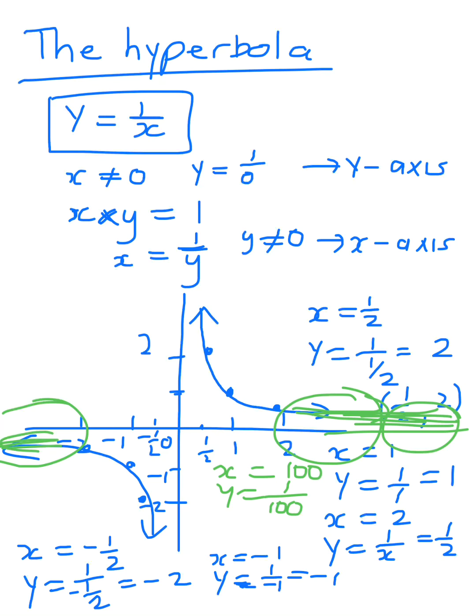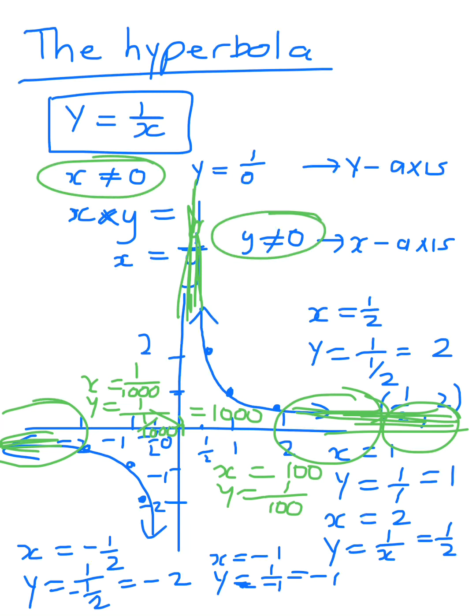And as you get closer and closer to 0, like if you put in x equals 1 over 1,000, then y would be 1,000. So it gets very big, but it never actually hits that axis. And that's why x can never equal 0 and y can never equal 0.